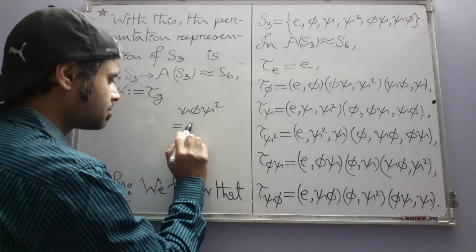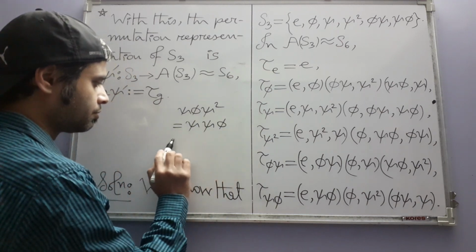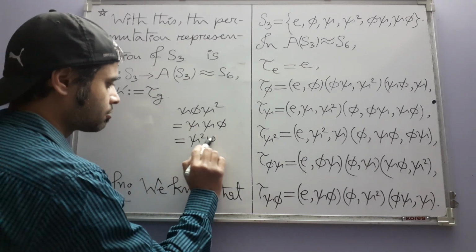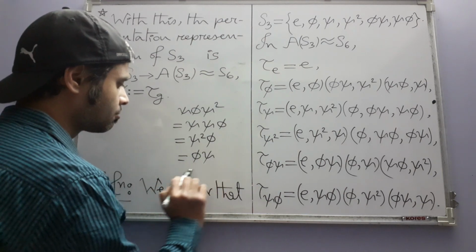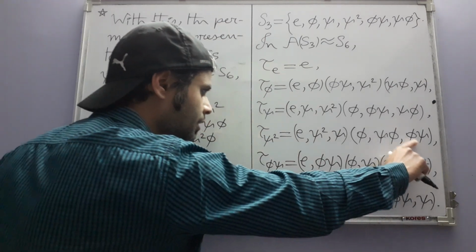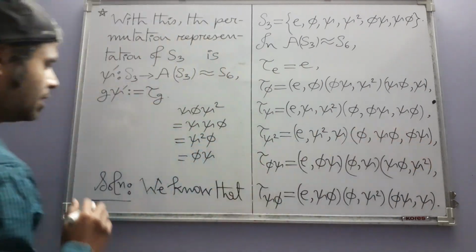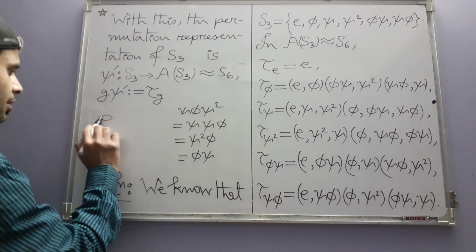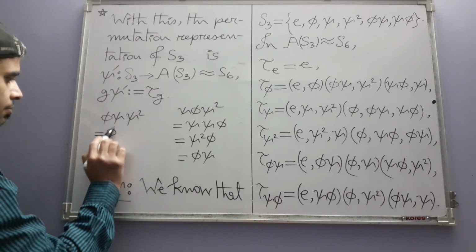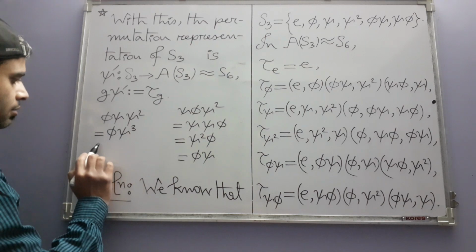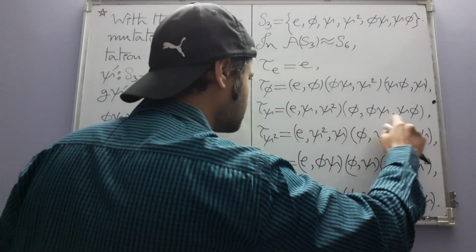Psi phi psi square, which means I get psi square phi, which in turn is equal to phi psi. So that's how we get phi psi from this one. And if you multiply phi psi by psi square from the right side, then you get phi psi cube, but psi cube is e, so you get phi. So that's why this comes back to phi.